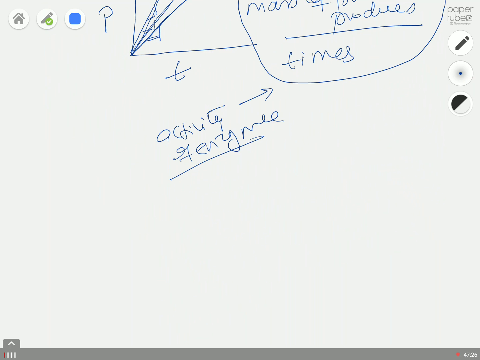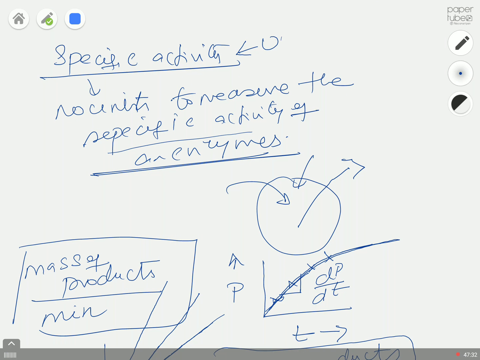So coming back to this specific activity of an enzyme, the unit for specific activity is, believe it or not, just called units. That's how they call it, it's funny to me, I don't know why. That's how the biology people fixed the unit for this one, and there is a reason for that.